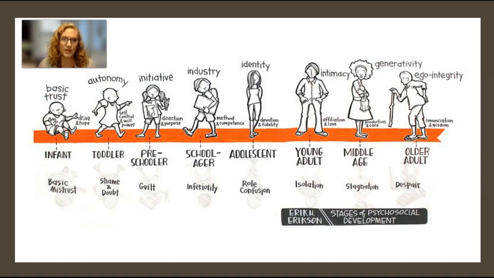This is the point at which we really have to start forming an intimate relationship with someone else. It doesn't necessarily have to lead to marriage, although marriage does tend to be very healthy for people. But we have to be able to form an intimate, caring, emotionally close relationship with another person.